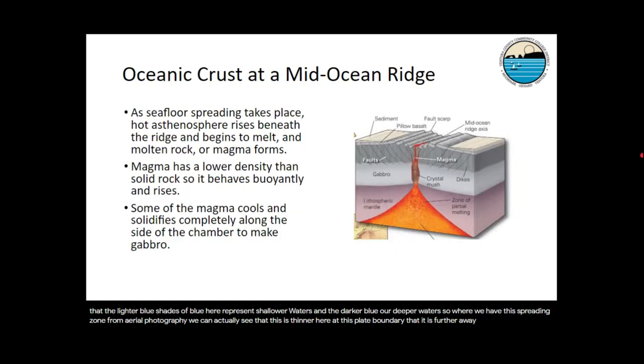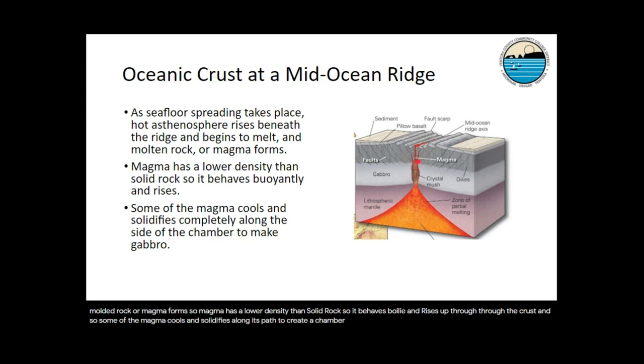Okay, so let's talk about oceanic crust at the mid-ocean ridge. As seafloor spreading takes place, hot asthenosphere rises beneath the ridge and begins to melt, and molten rock or magma forms. So magma has a lower density than solid rock, so it behaves buoyantly and rises up through the crust. And so some of the magma cools and solidifies along its path to create a chamber.